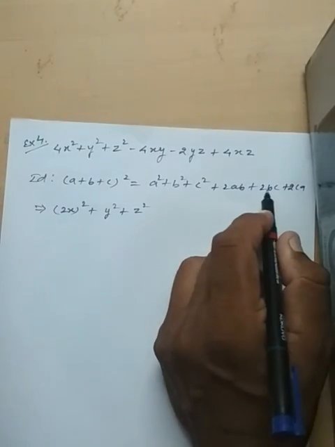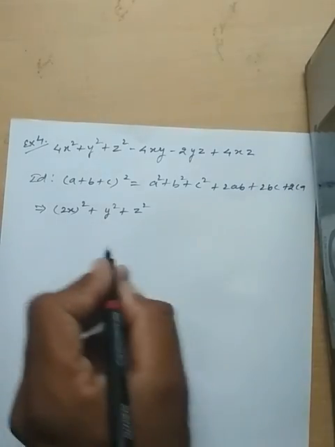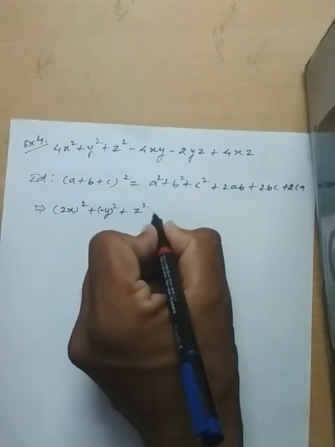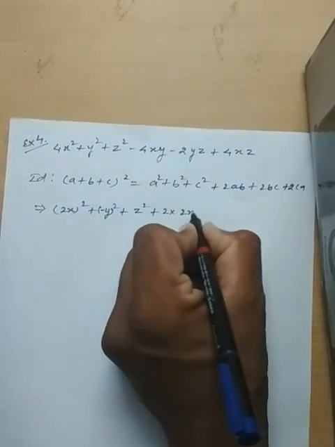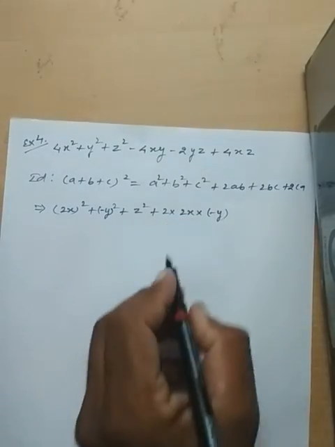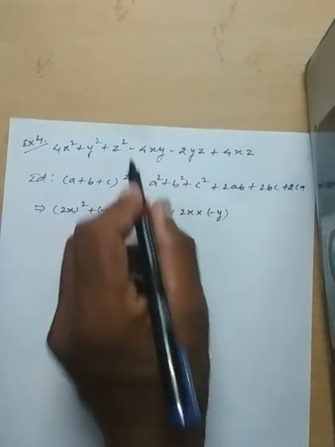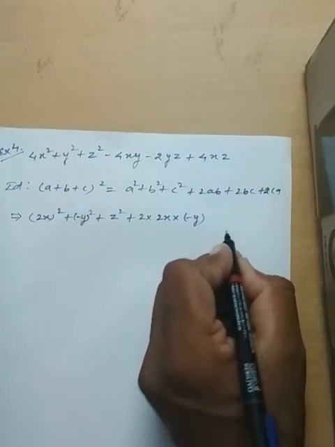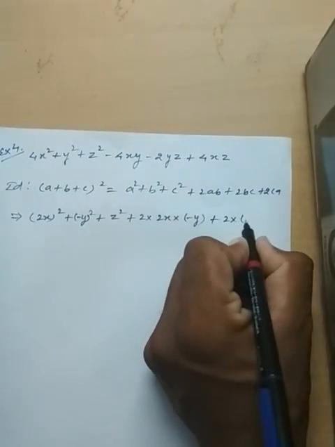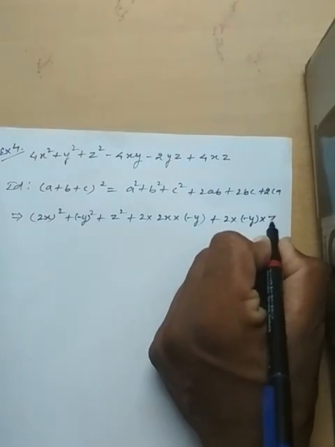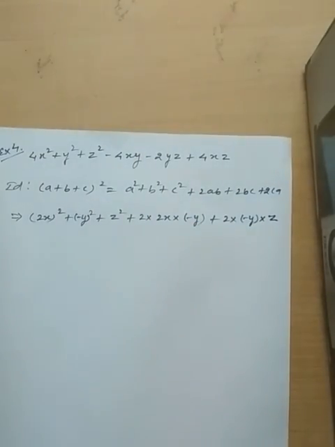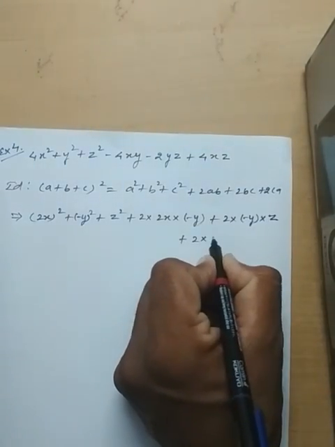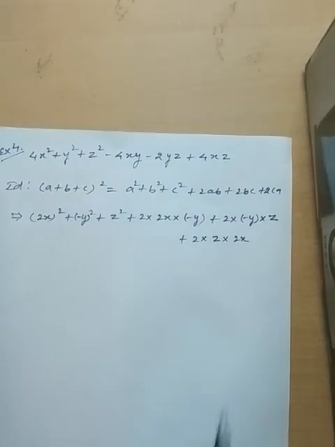Here b is common, so we can take b as negative, so here minus y. So put 2ab, 2 into 2x into minus y, which is equivalent to minus 4xy. Again 2bc, 2 into minus y into z, is equivalent to minus 2yz. And again 2ca, here c is z and a is 2x.